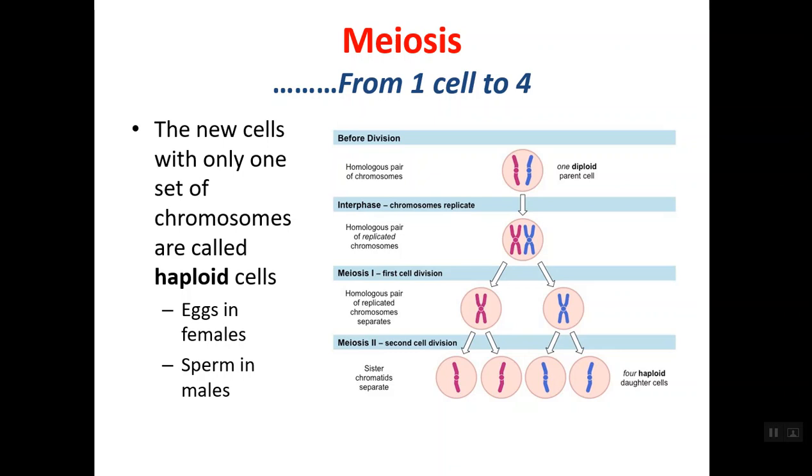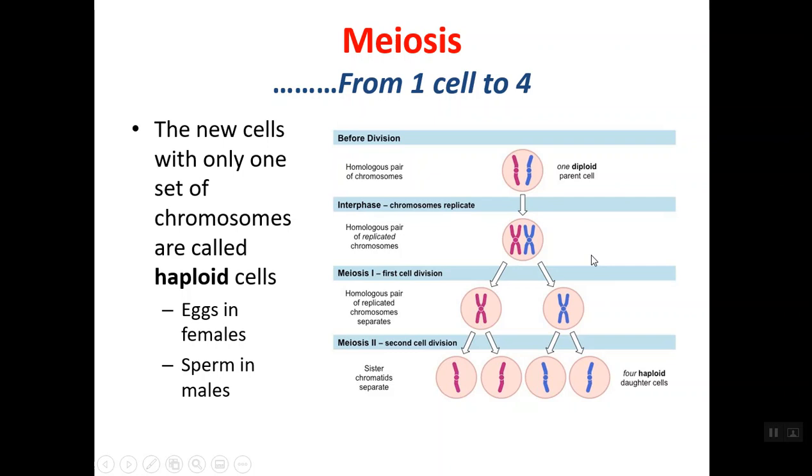So the trick, in order for meiosis to cut in half the number of chromosomes, is that you have 2 consecutive cell divisions. You start from 1 cell, you divide it in 2, and then each of these cells divides in 2 again, and you end up with 4 cells.